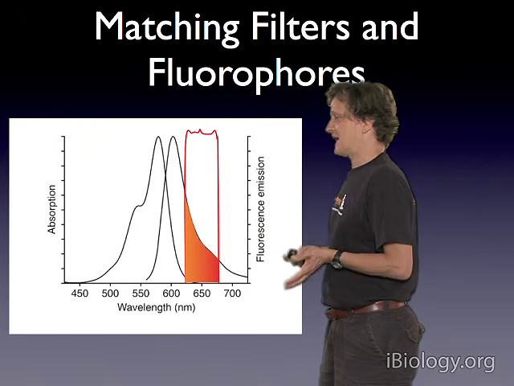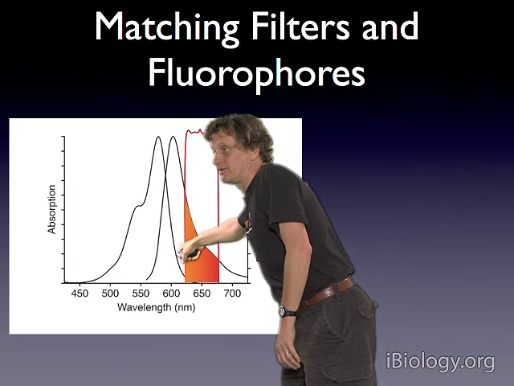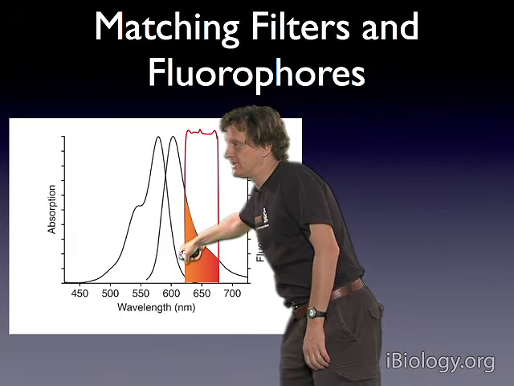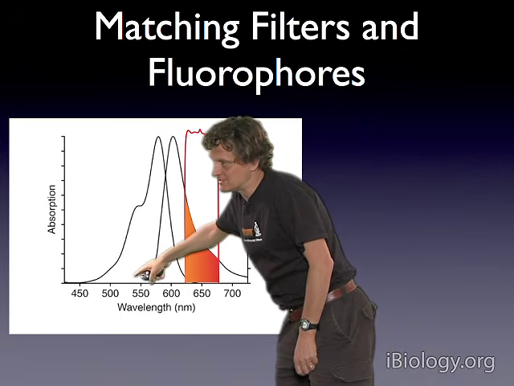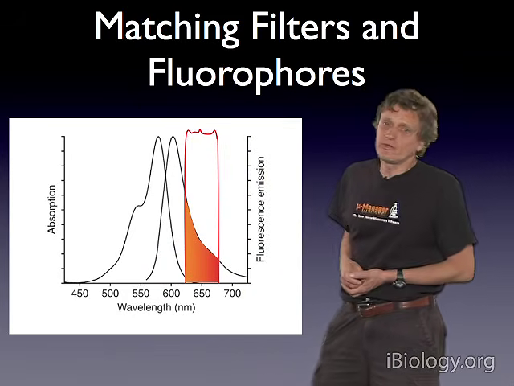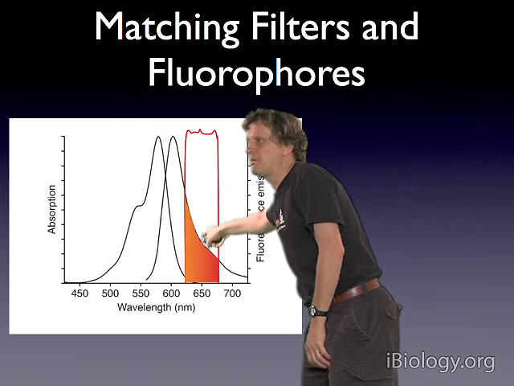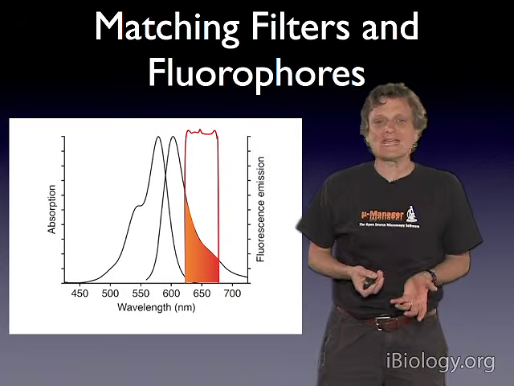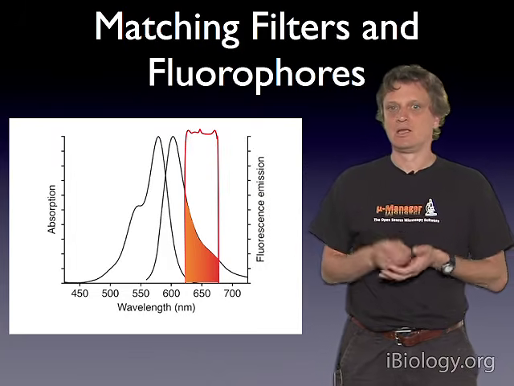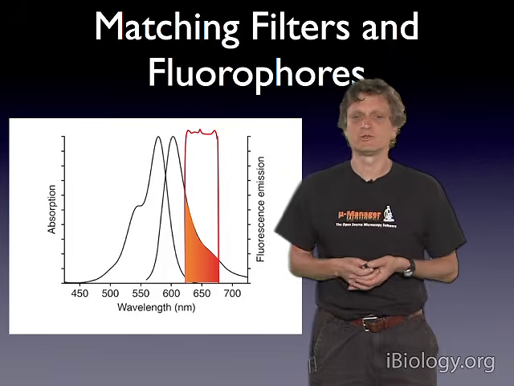So if we now use a bandpass filter centered around 650 nanometers, that will easily reject the excitation light because it's far away from that. But you also note that the integral of it, that it only passes through a fraction of the emitted fluorescence. And that means that you're losing something like 75% or so of the emitted fluorescence.